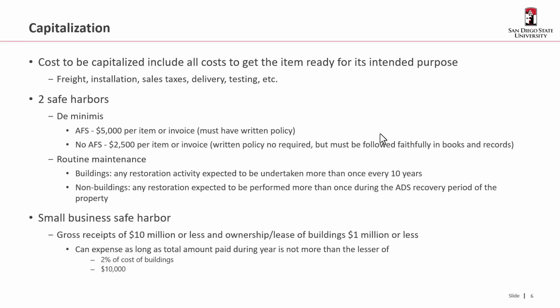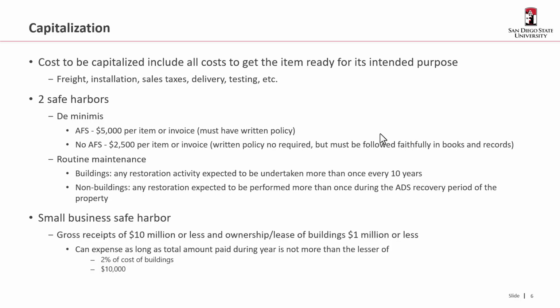So I like to think of that as like paint and carpet. Especially for high traffic areas, you might have to replace the carpeting more than once every 10 years. You might not in your house, but you probably would in an office building or a highly trafficked store, something along those lines. If you would expect to do that more than once every 10 years, you can just deduct it.